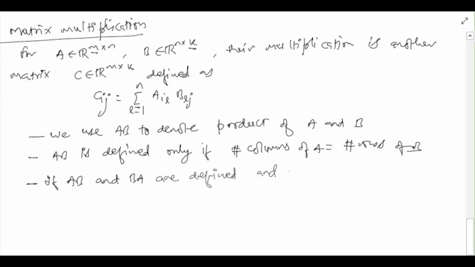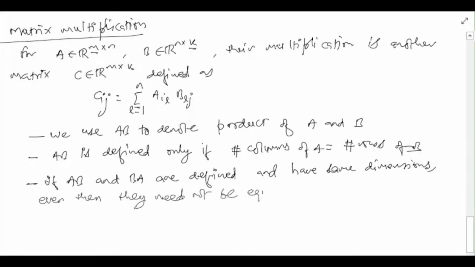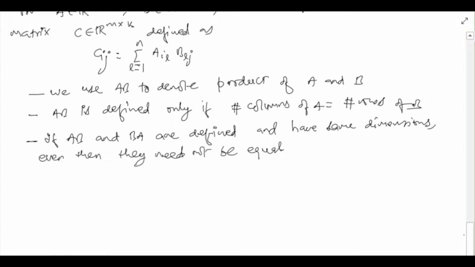Like multiplication of scalars and matrices, matrix multiplication also follows associativity and distributivity properties. Let's see what these properties are.